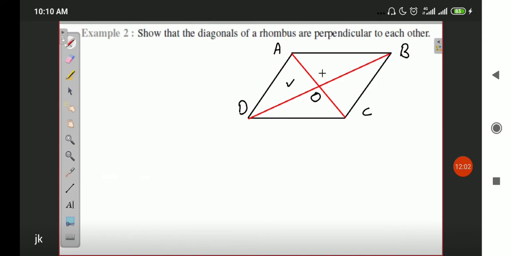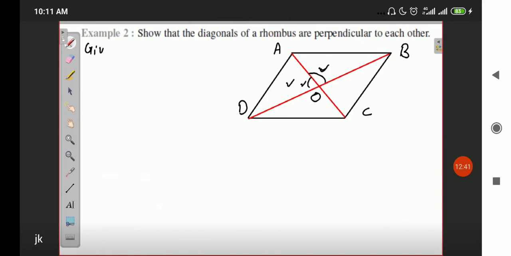I will take triangle ADO and triangle AOB. First of all, I will prove that these two triangles are congruent. Secondly, using CPCT, I will come to know that these two angles are equal. Thirdly, on line DB at point O, the sum of all the angles on either side of the line will be 180 degrees. That means the sum of these two angles will be equal to 180 degrees. And using that, I will prove that angle AOD and angle AOB are both 90 degrees. Okay, so we will start with this.